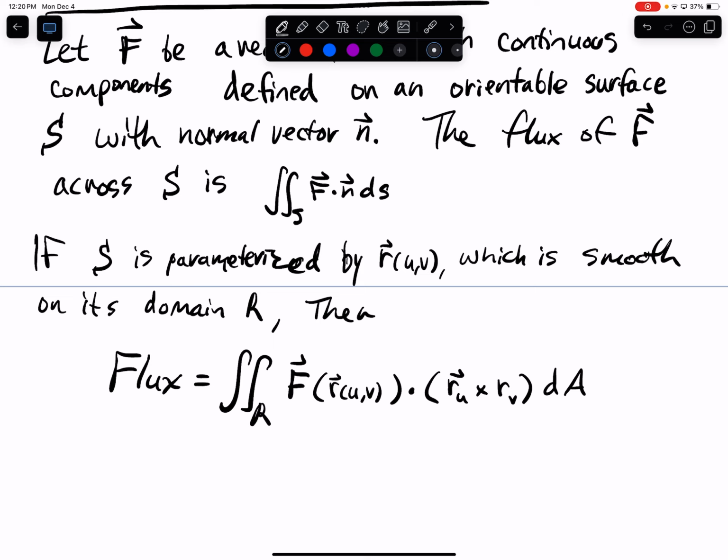If S is closed, n should point to the outside. Okay? n should point to the outside.